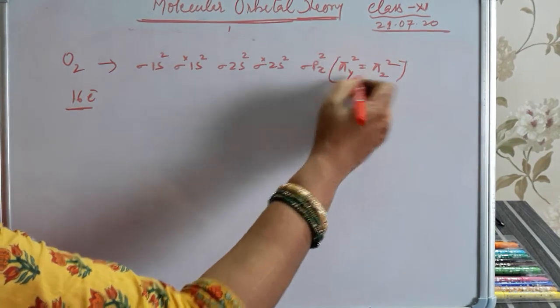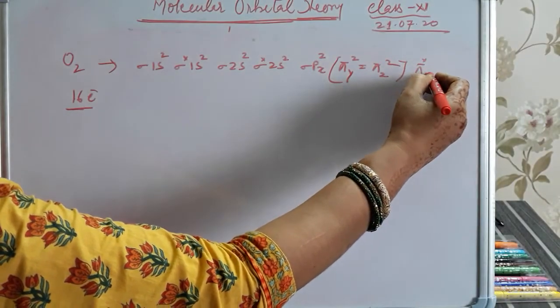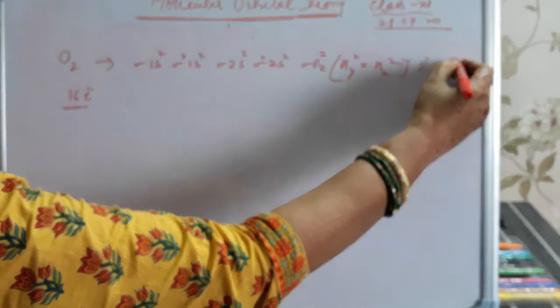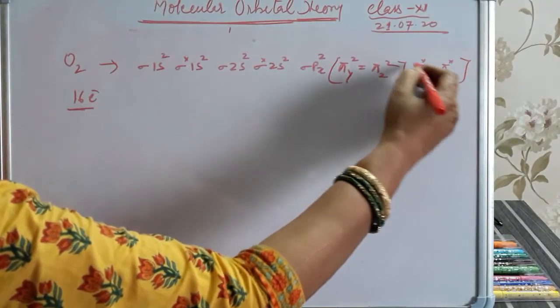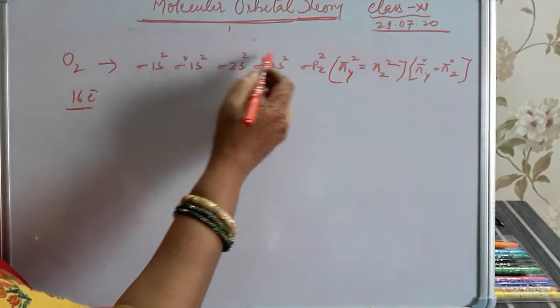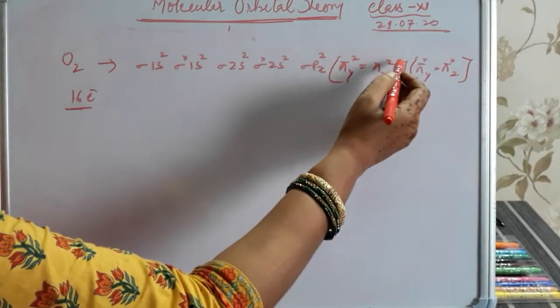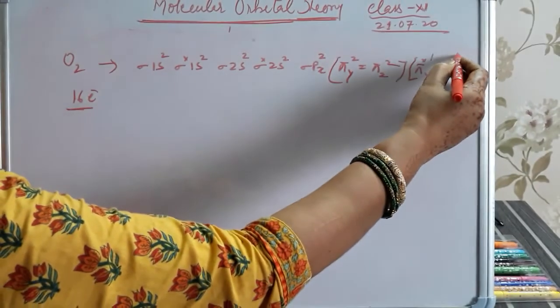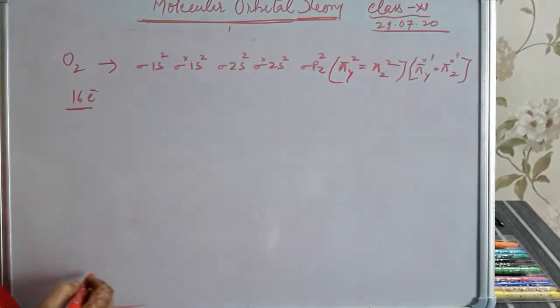Then we will fill the anti-bonding pi y and pi z. So how many electrons are left? 2, 4, 6, 8, 10, 12, 14, 15 and 16. So each orbital contains 1 electron.